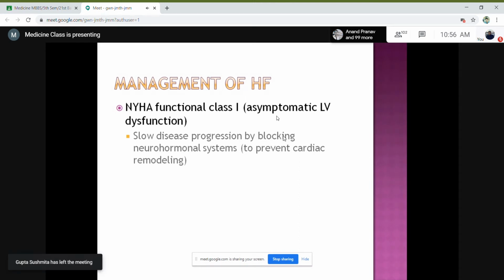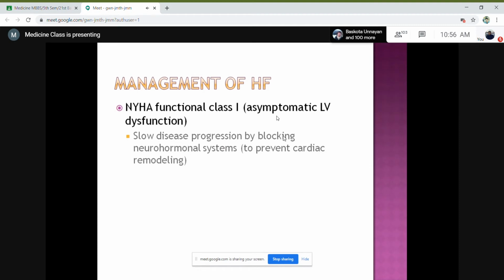This is to prevent the cardiac remodeling. Now, what are the drugs that can be given to block this neurohormonal system?